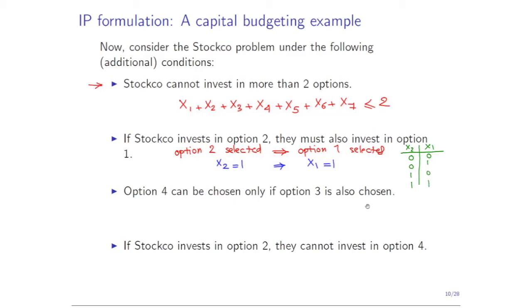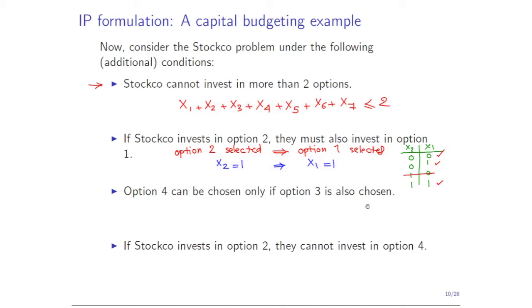Is it possible to have x2 equal to 0 and x1 equal to 0? Yes. It doesn't say anything about this. As long as x2 is 0, we don't care about the value of x1. But if x2 is 1, x1 must be 1 too. So this is not possible, and this is possible.